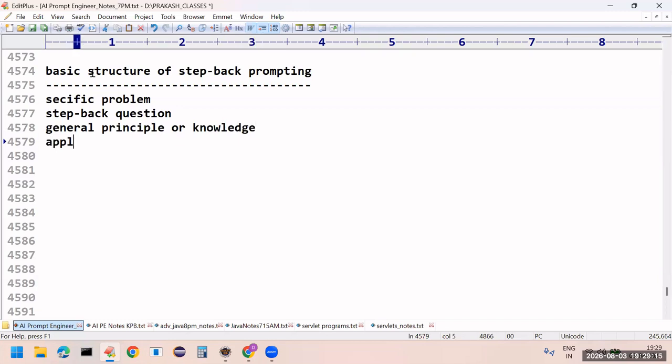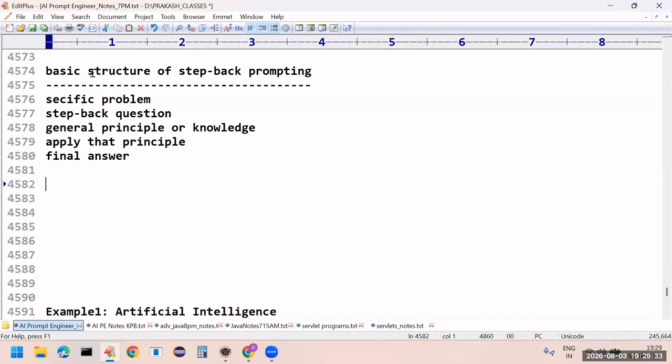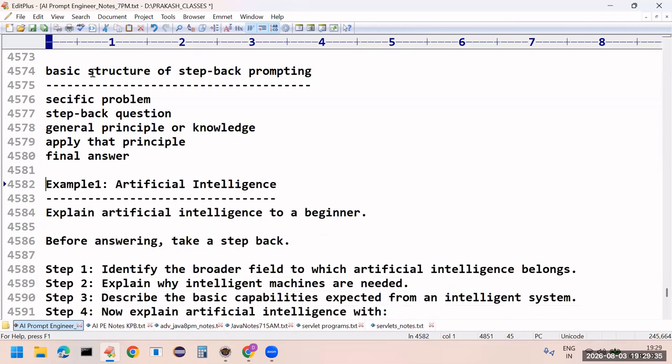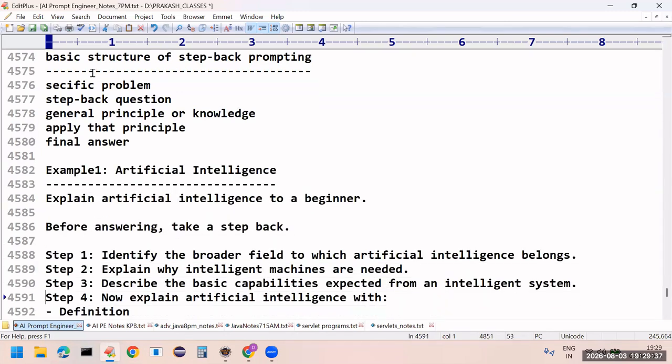Then apply that principle on the current problem. Then you can develop a final answer. This is nothing but what internally happens in step back practice. So let's take one by one example. Have you observed the first example? Artificial intelligence.